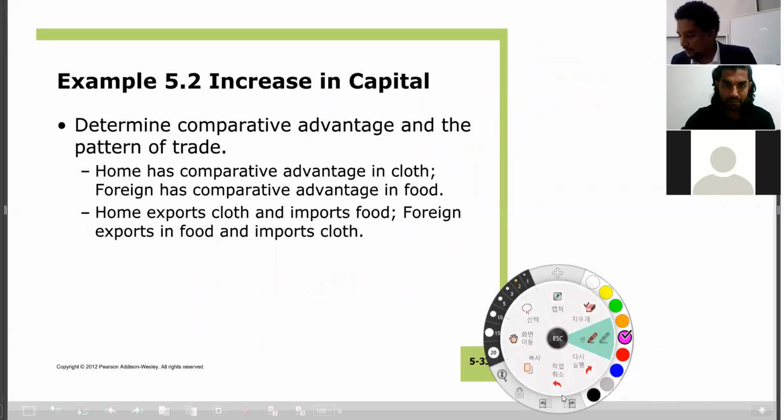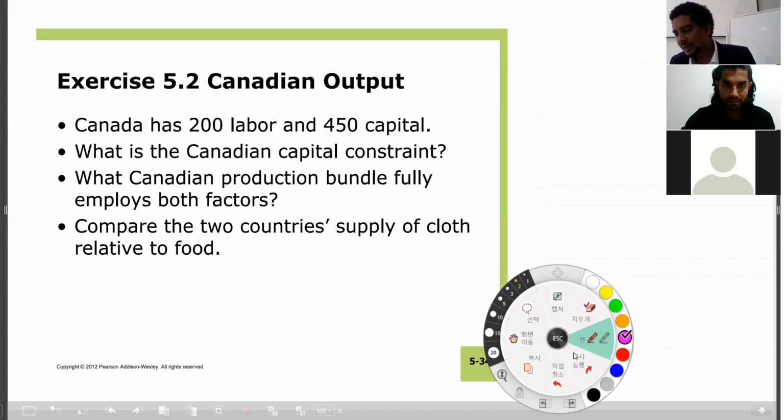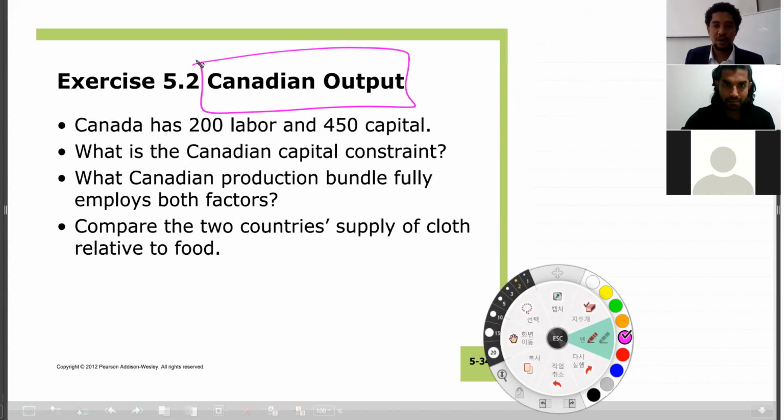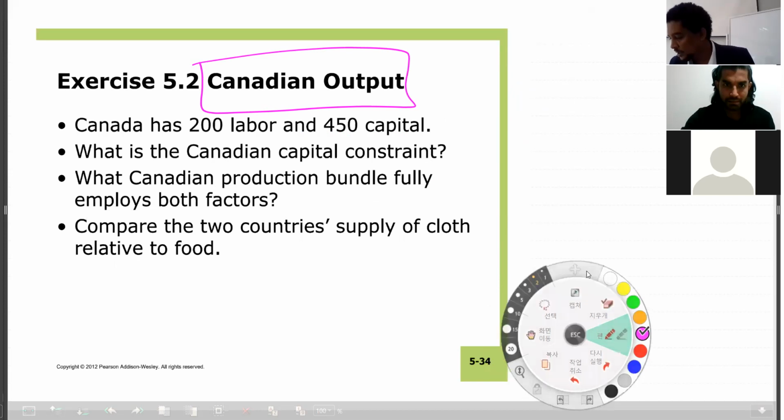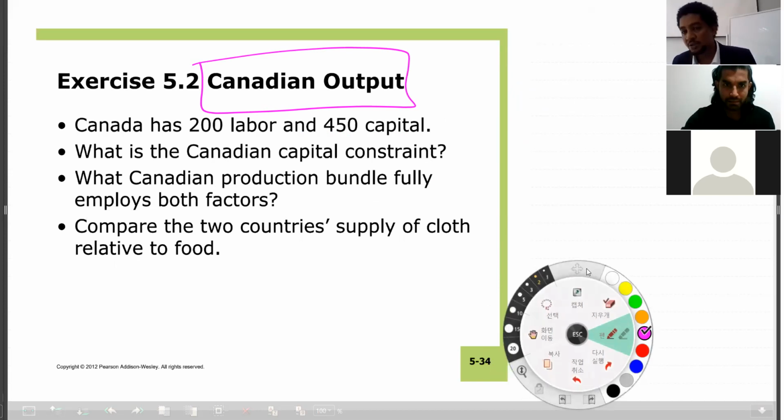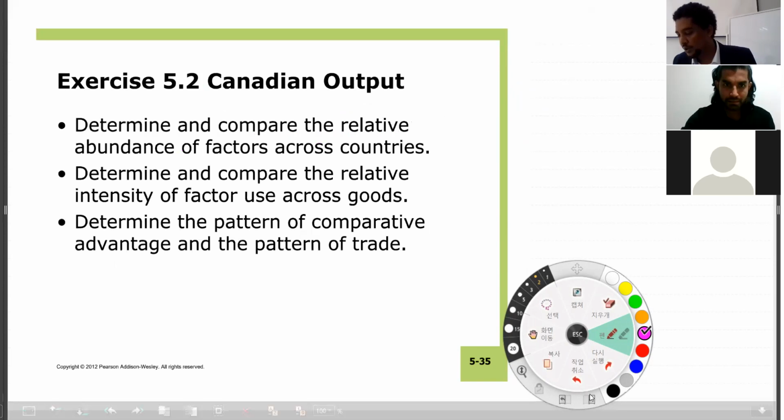We have already discussed this, and now this is a new example. I want you to exercise this on your own. The good part is, as I've said, there are so many examples in this chapter of the PPT file. Here, with 200 labor and 450 capital, determine and compare the relative abundance of the factors of production.